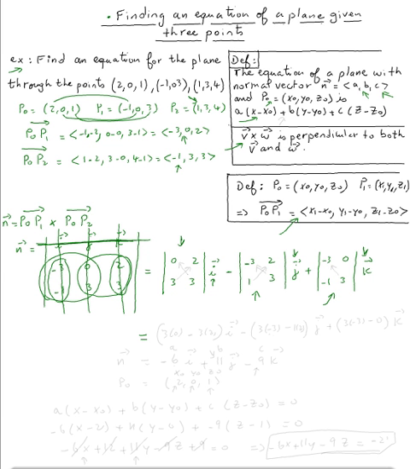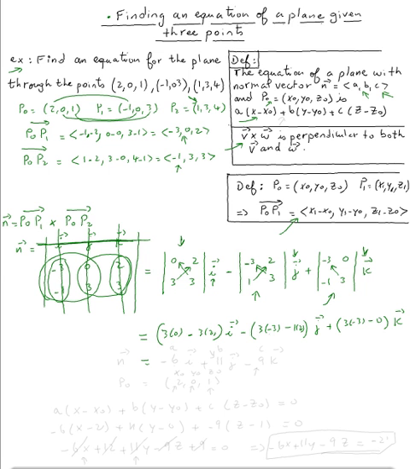So you always go this way. 3 times 0 minus 3 times 2, i. Minus, same thing, we go this way first, 3 times negative 3 minus, and then we go that way, 1 times 2, j. Then plus, same thing, we go this way first, 3 times negative 3 minus 0 times negative 1, which is just 0.